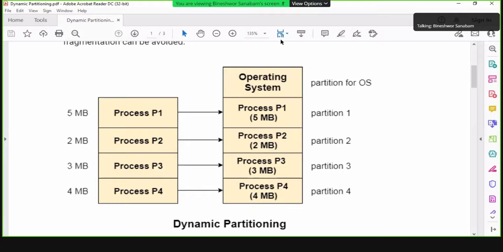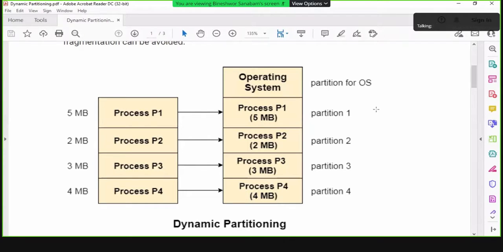All these 4 processes require different memory sizes. And in the partitions, the first one is 5 MB, the second one is 2 MB, the third one is 3 MB, and the fourth one is 4 MB. So the partitioning has been done according to the process, and there is no case of internal fragmentation here.